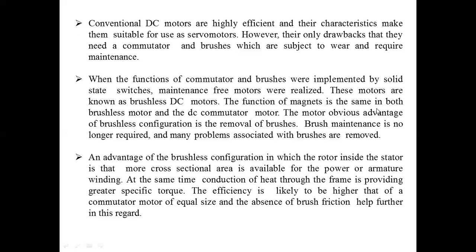When the functions of commutator and brushes were implemented by solid state switches, the DC supply is converted. A conventional DC motor is given supply from outside. Why? Because the supply available in the world is AC supply, but we convert it to DC as per the requirement of the application of the motor.